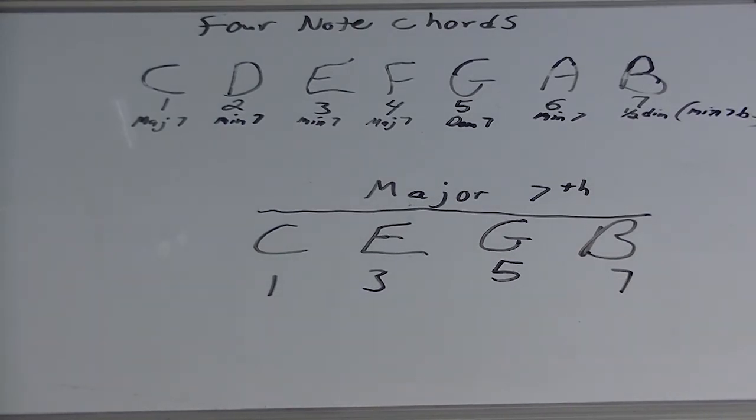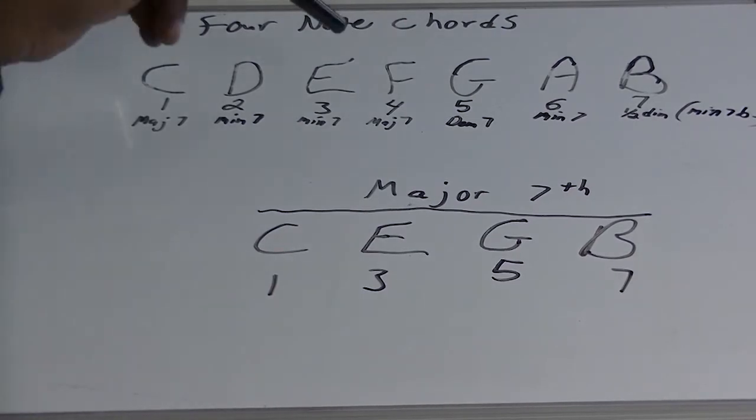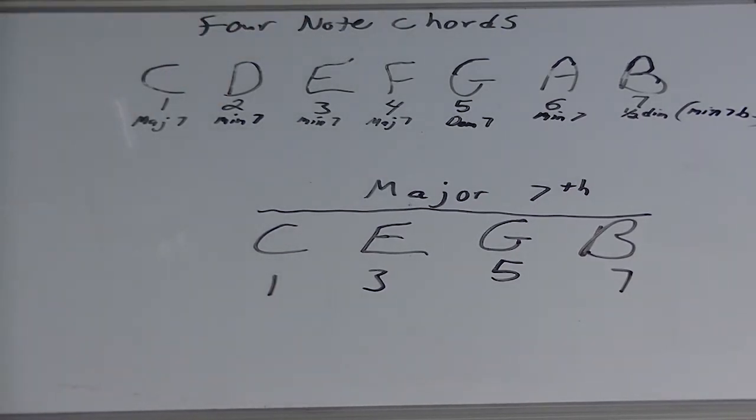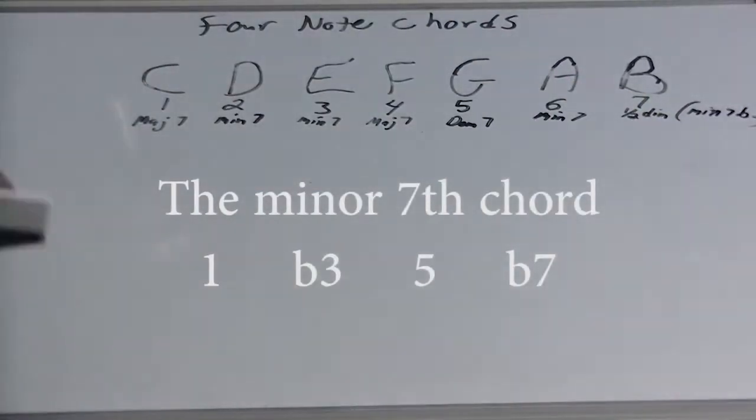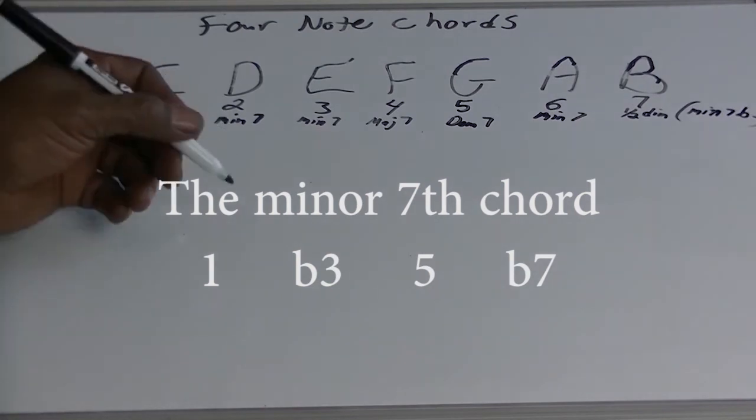So I can infer from this that when we're dealing with 4-note chords that are derived from the major scale, the chord associated with the 1st note of the scale and the 4th note of the scale are major 7th chords.